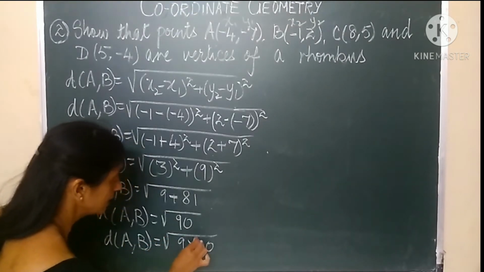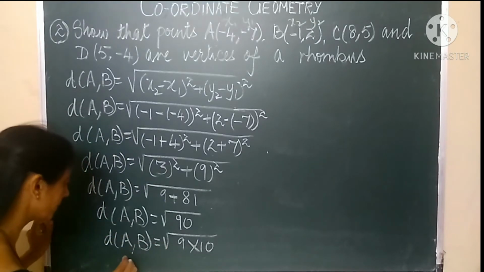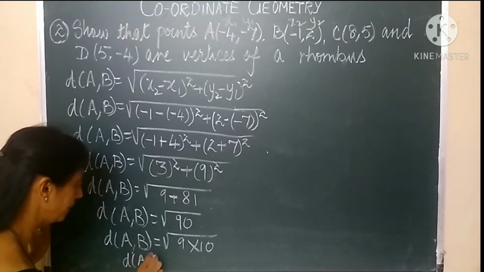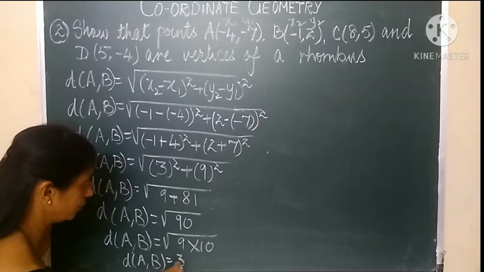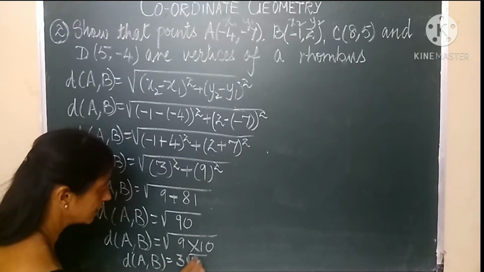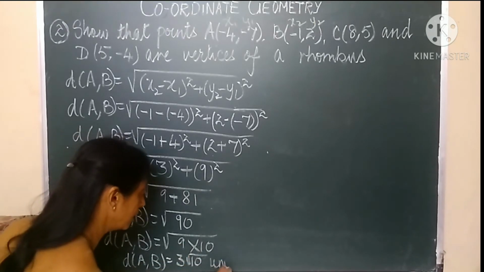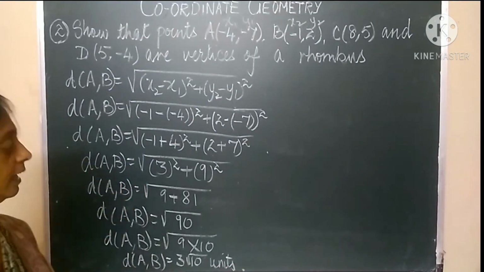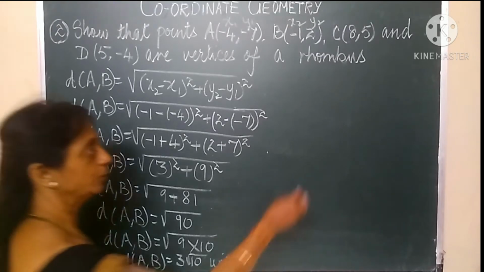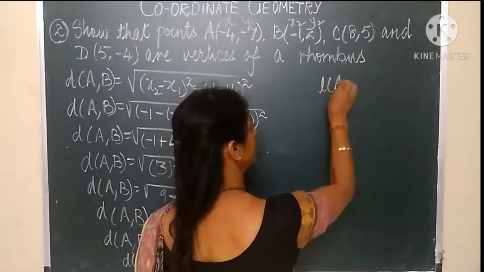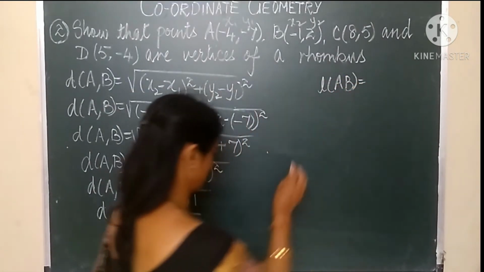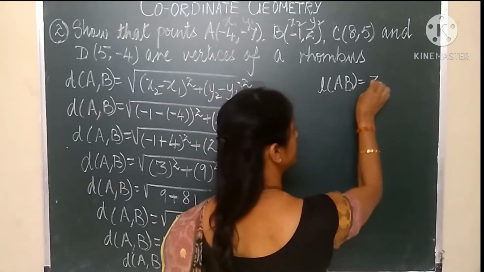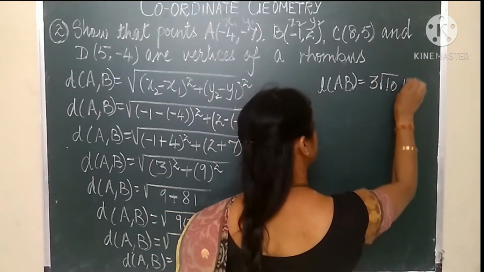And we know, children, square root of 9 is 3. So distance AB will be equal to 3 root 10 units. Or in other words, we can say that length AB is equal to 3 root 10. So let's write it down. Length AB gives us 3 root 10 as the answer.